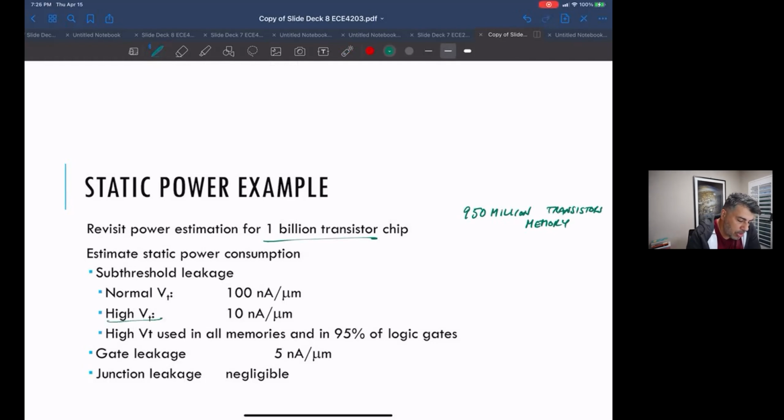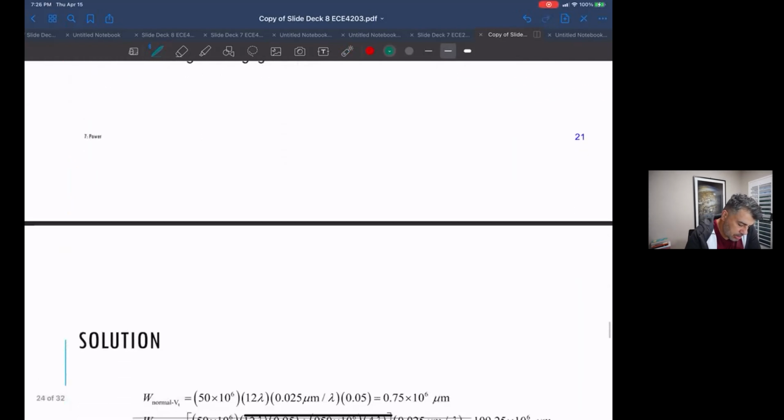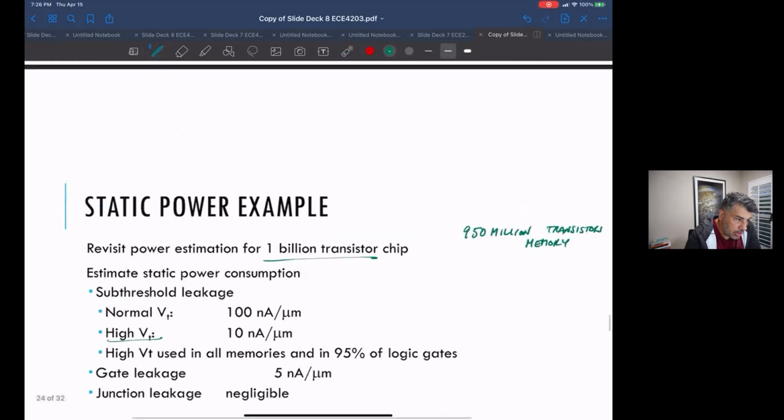So if you guys remember, the subthreshold current, which was the biggest leakage current, I want to say it is I sub d.